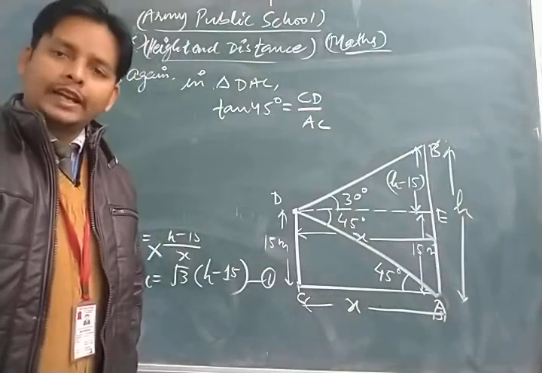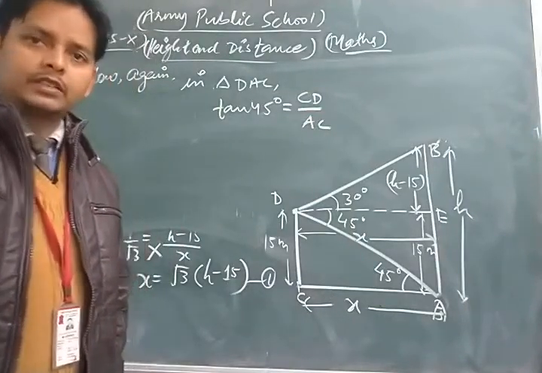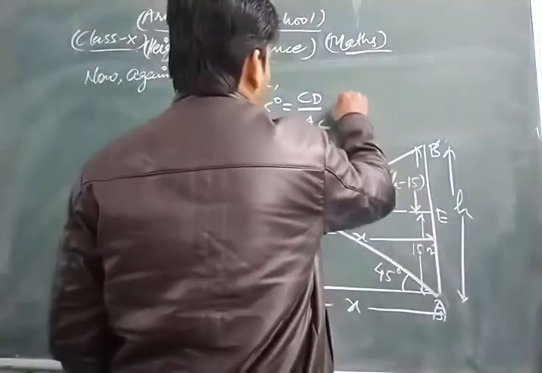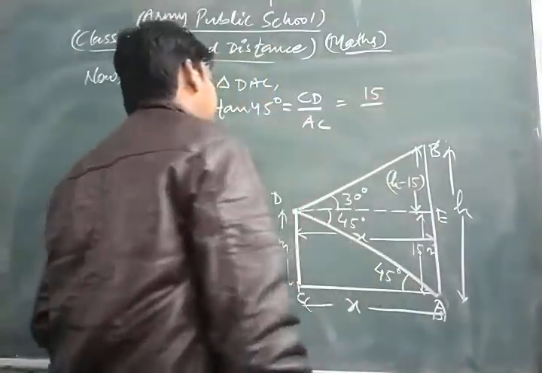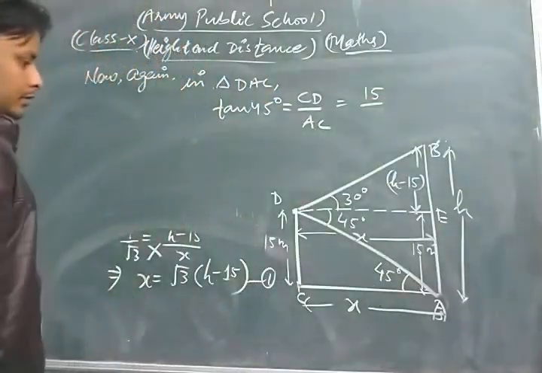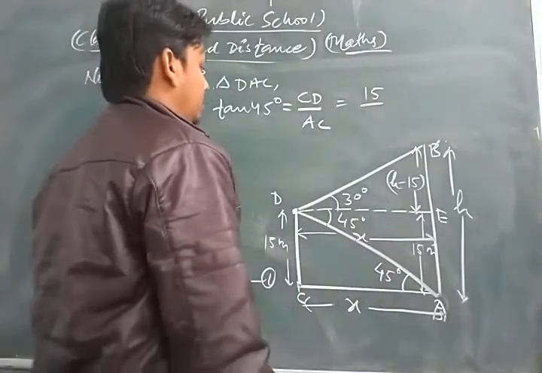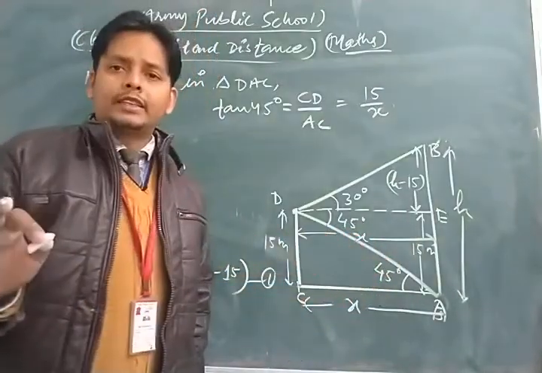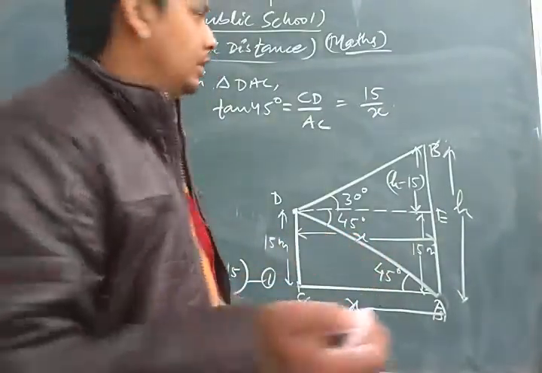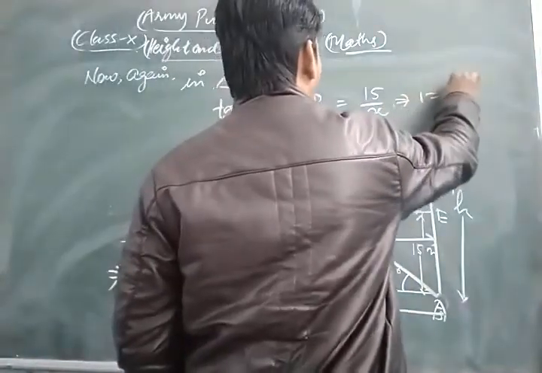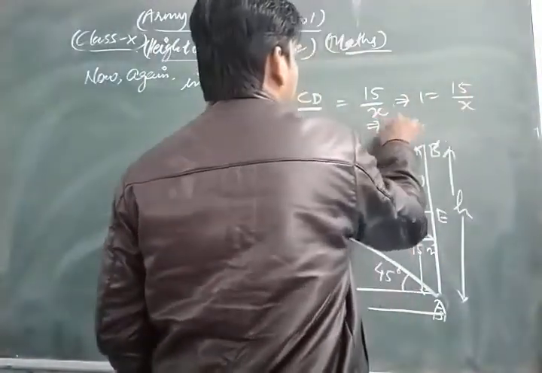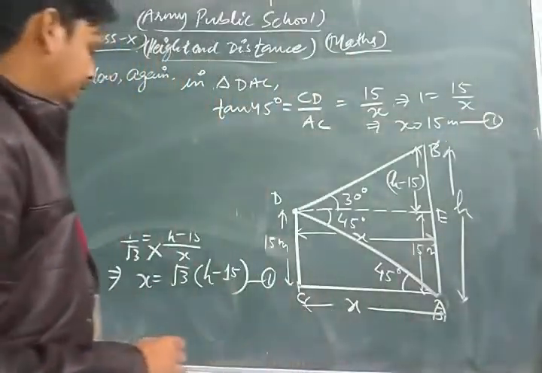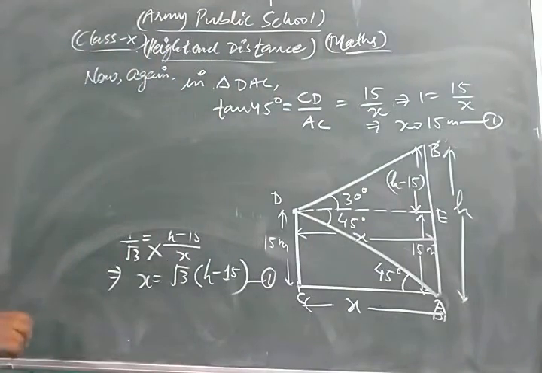This is the height of the window from the surface of the earth, which is 15 meter, upon AC, which we take as X. Now you know that the value of tan 45 is 1. So this implies that 1 is equal to 15 upon X, that is, X is equal to 15 meter. We take this as equation number 2.